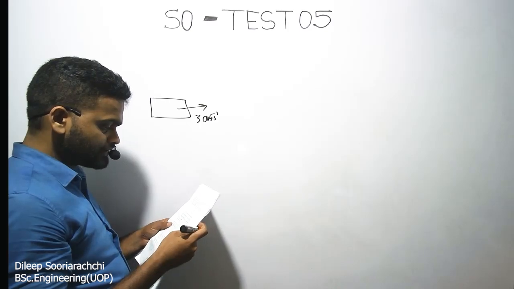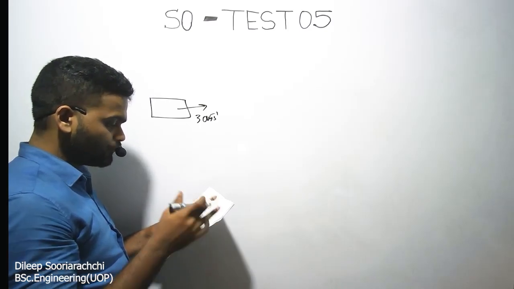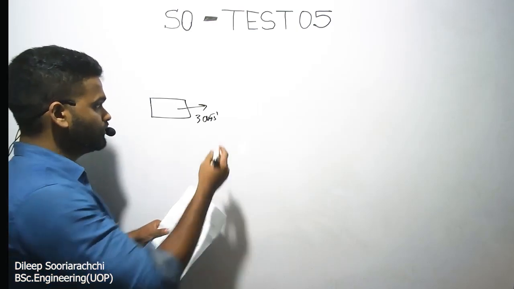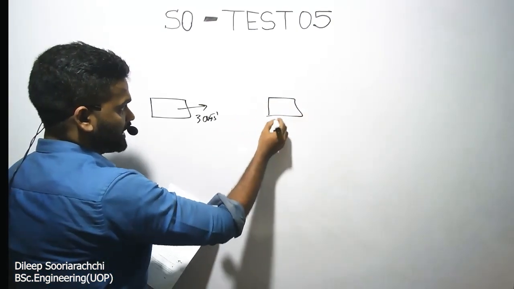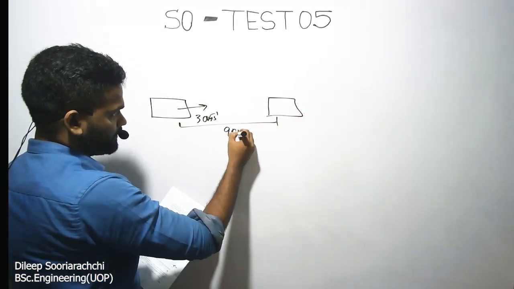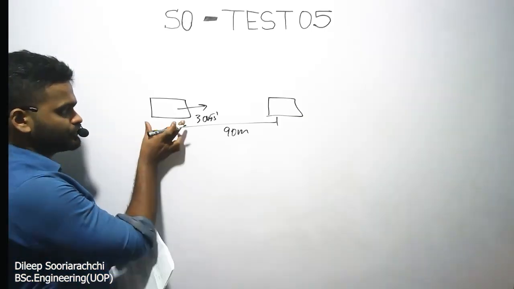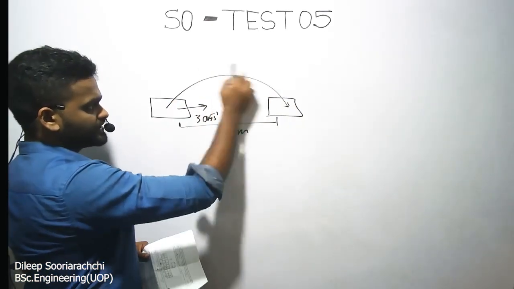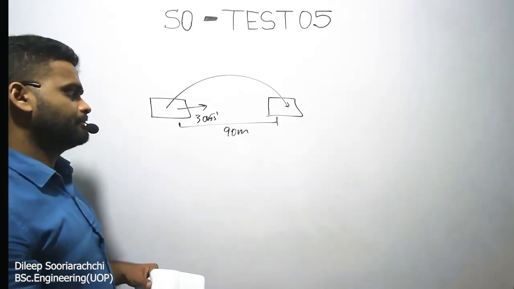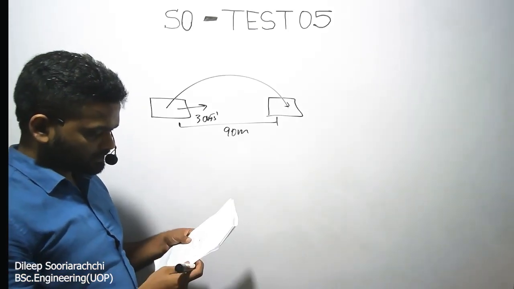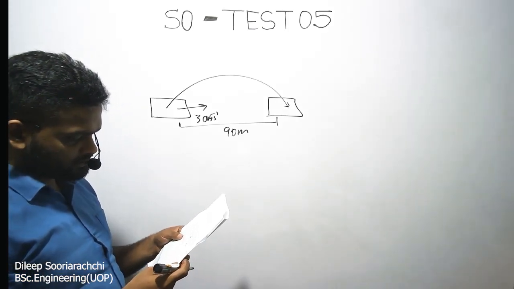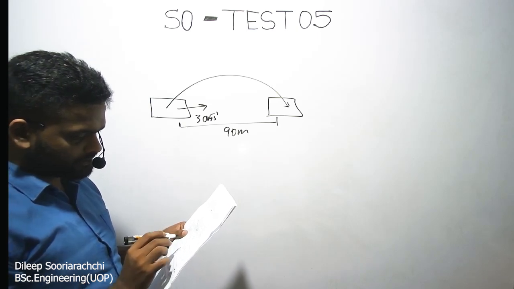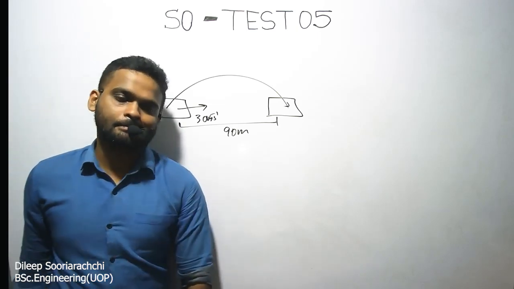An object is thrown from the trolley, and it should fall back on the trolley once the trolley completes a 90-meter distance. So the trolley moves from here to here, so the object has to move like this. What they ask is the initial velocity of the object relative to the trolley, right?